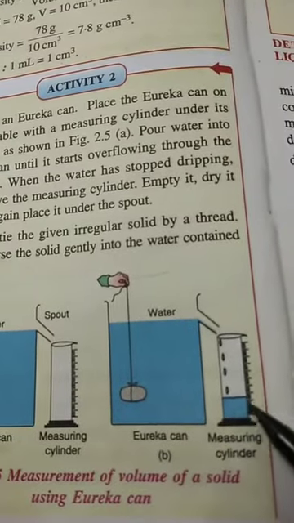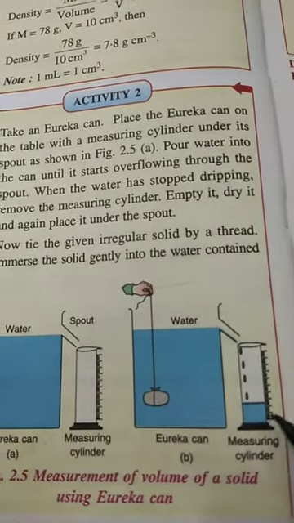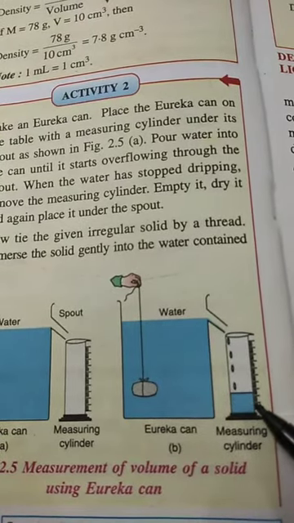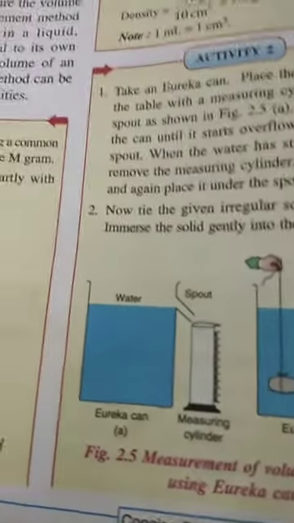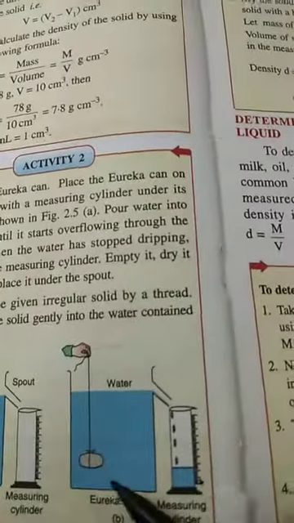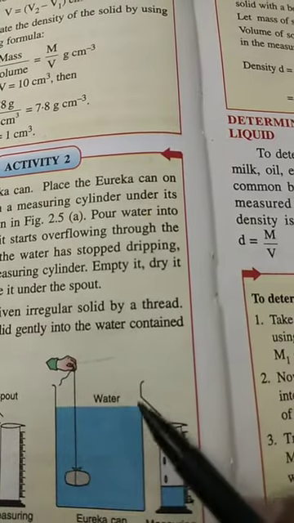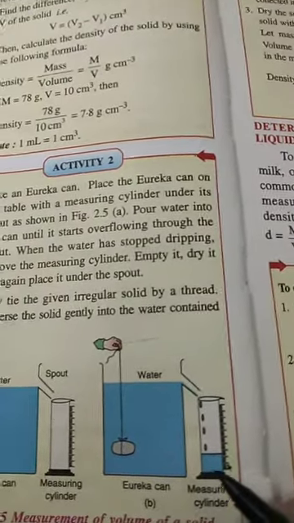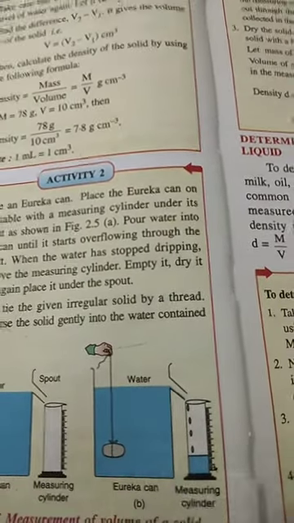That measuring cylinder has markings which show the volume of the extra water, because the stone is also taking space in the water, and that much water as the stone's volume will come out. This is also called the Archimedes Principle.